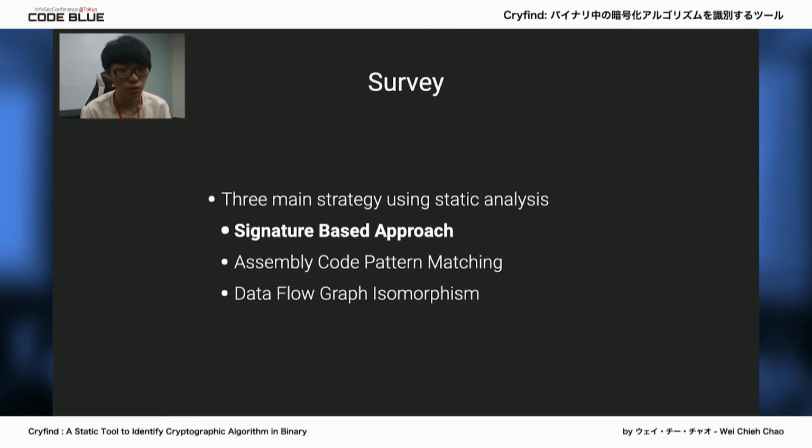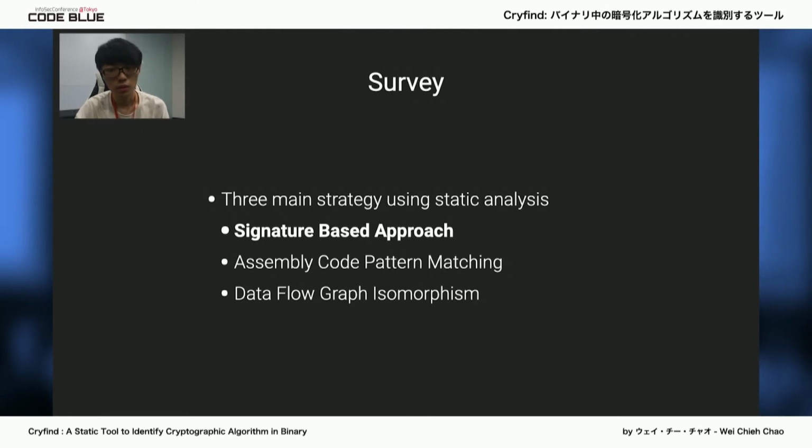After some research, we found that there are three main strategies people use to solve this kind of problem. The first is the signature-based approach, which is the most common one. This method searches for cryptography constants in the binary.